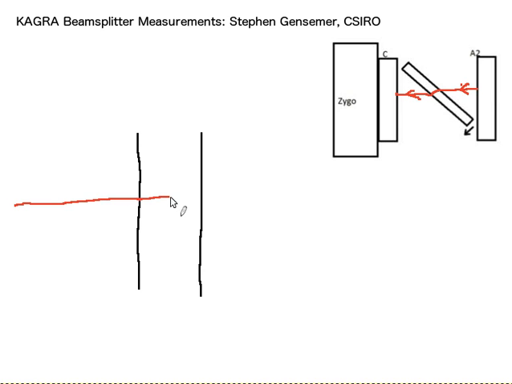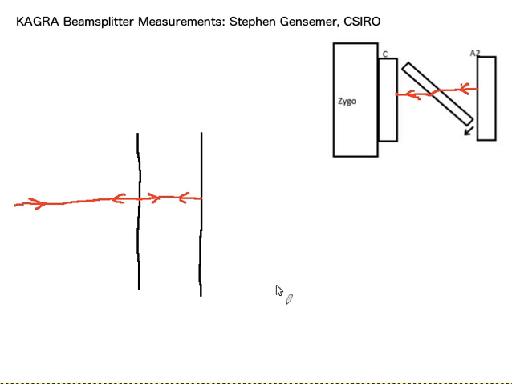It passes through the front surface, reflects off the back surface, and then goes back out the way it came. Okay, and so the total path length through this thing is going to tell us something about how the optical thickness of the beam splitter varies.